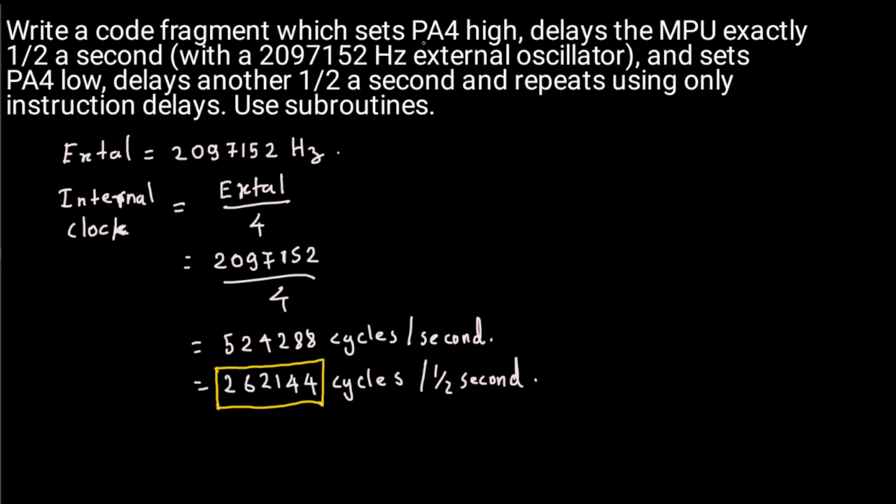And in order to do this, first you have to know that it is mentioned that we set PA4 high, and also set PA4 low. If you look at port A, it has the range of PA7 to PA0, and from the PA given, we have to calculate what we need to load here.